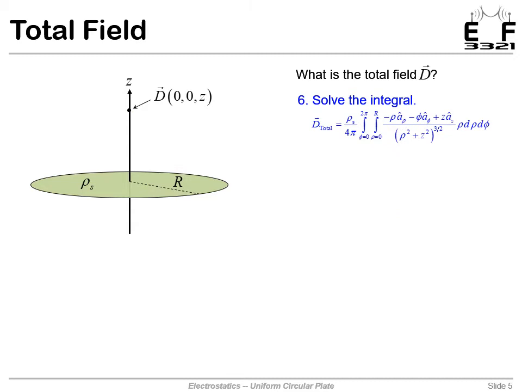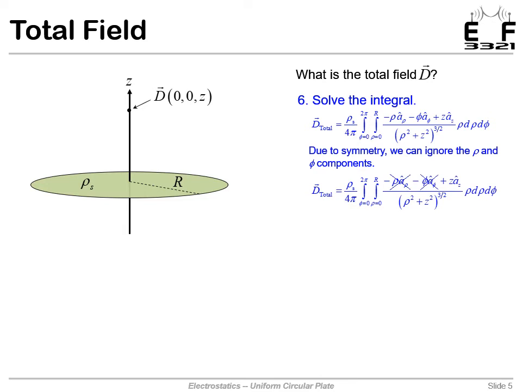So here we are. What's next? How do we solve this? Due to the symmetry of the problem, imagine the electric field, let's say we're integrating right here in our surface charge. We draw a line up here, and that creates a field in this direction, due to the differential charge at this point.